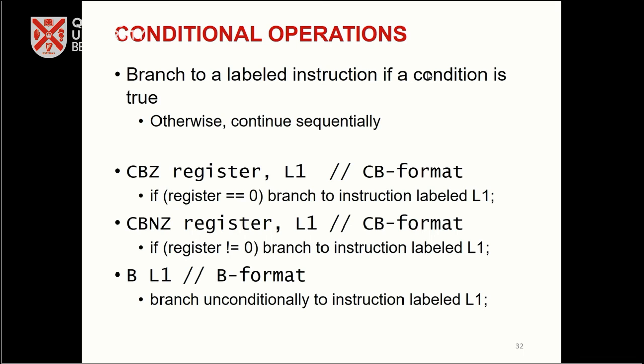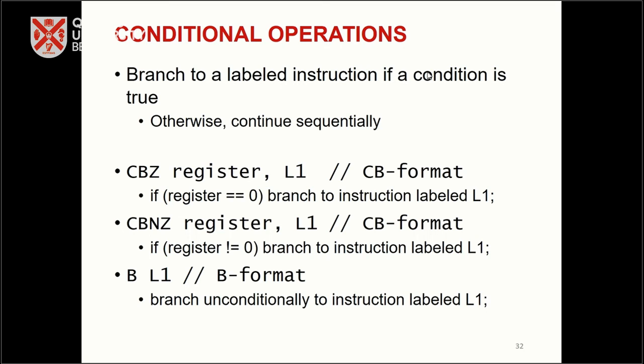For instance, we have a CBZ, which I think means compare and branch if zero, which means if this register is equal to 0, then we go to this address.